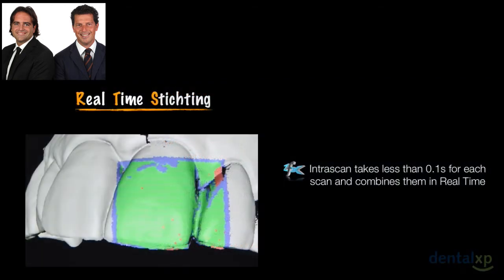And in our opinion, probably the most important characteristic of the ZFX system is that it has the copyright for the real-time stitching. That means that it overlaps all the single photoshoots on top of the others in order to show us a sort of video on our computer screen. And we're going to see it later on how it is exactly.